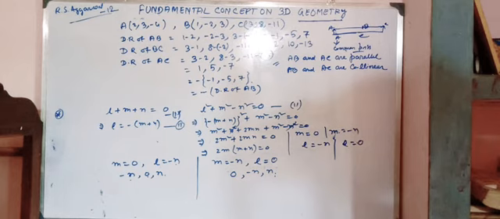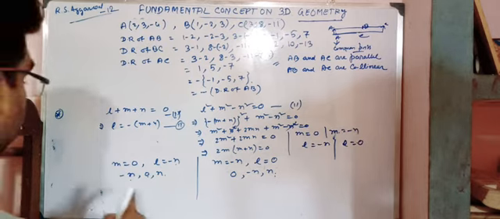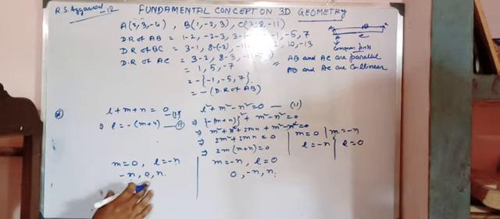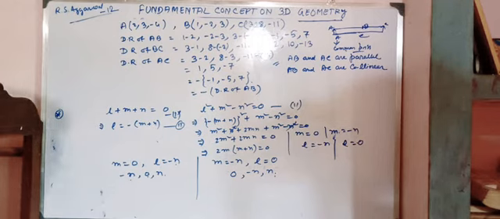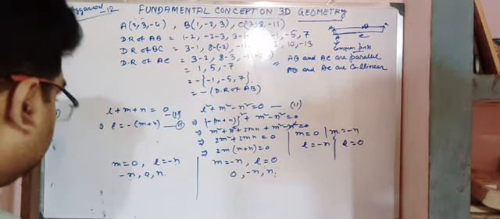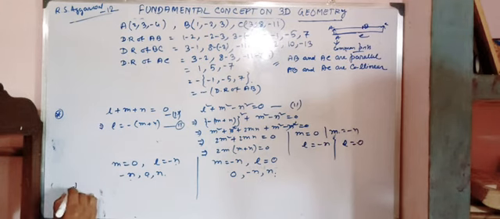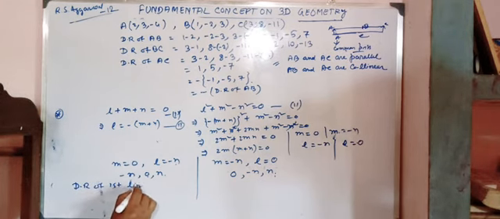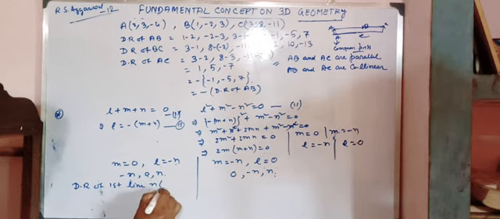So we can write the direction ratios in terms of n. The direction ratio of the first line, if we take n common over here, is -1, 0 and 1.